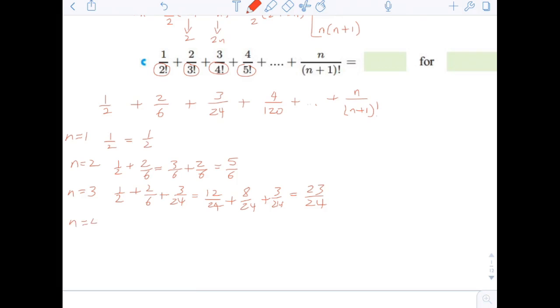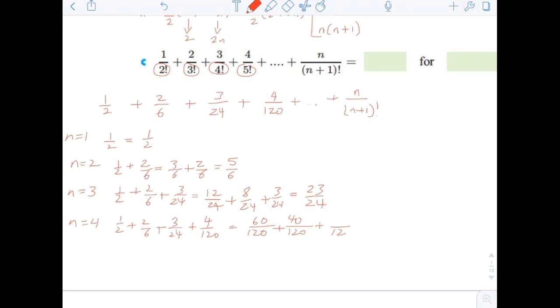Let's try n equals 4 finally. So now we're going to have 1/2 plus 2/6 plus 3 over 24 plus 4 over 120. Now to add these with a common denominator, we would put everything over 120. First one would be 60. Second one would be 40 over 120.